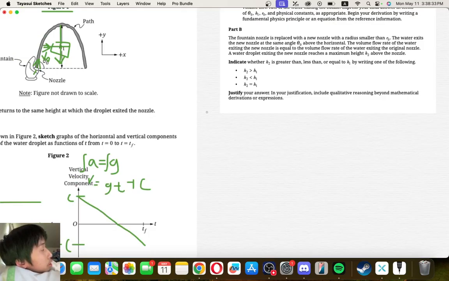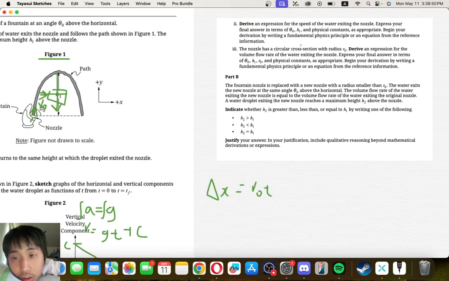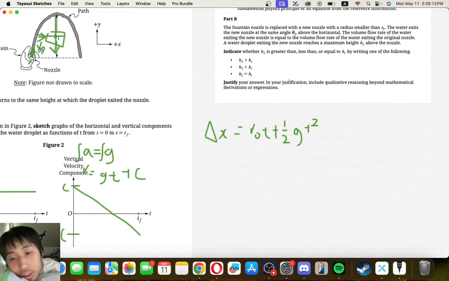So that means I think we're probably gonna have to use this one if I'm correct. V0. Wait, it's at the speed of the nozzle exit, yeah. Equals, oops, plus 1/2 g t squared. Now t and x cannot be in this equation. Sucks to suck.